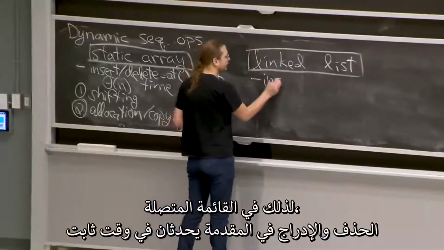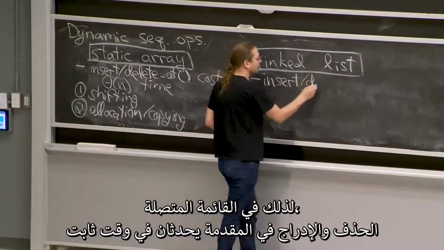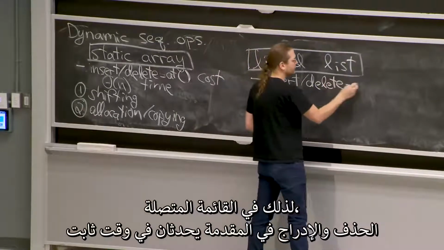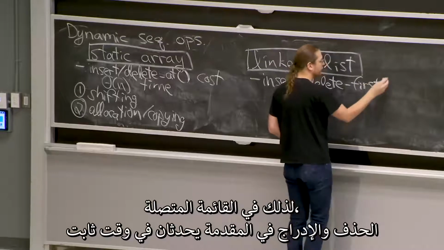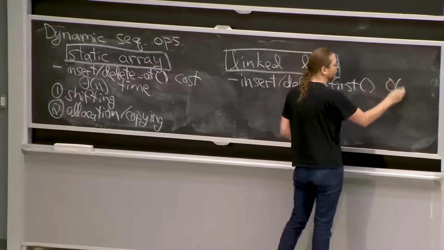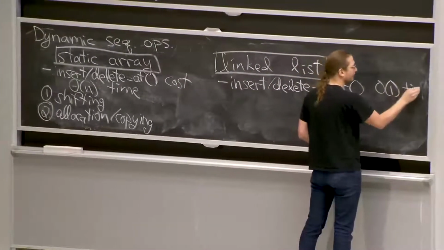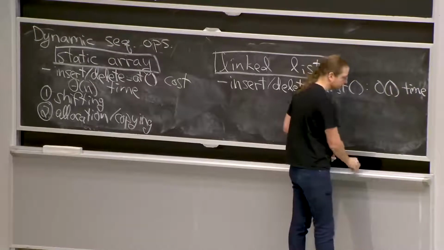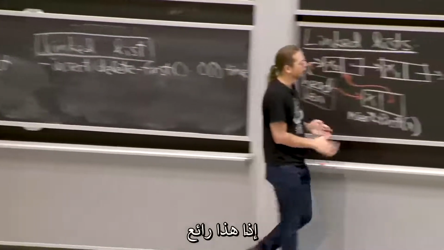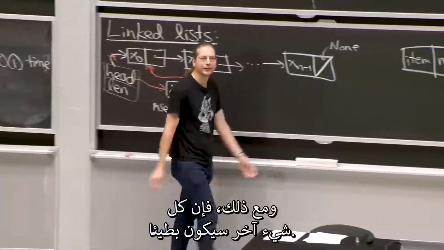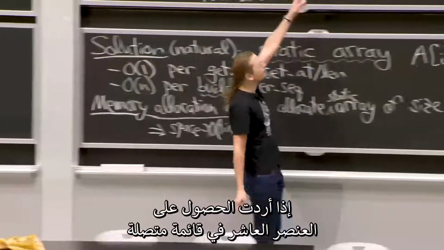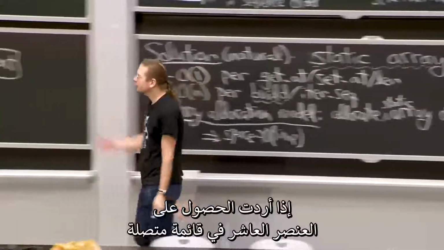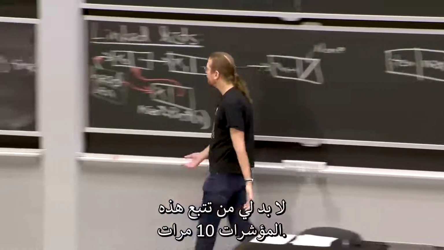We won't get much more than that. But in a linked list, insert and delete first are constant time. So that's cool. However, everything else is going to be slow. If I want to get the 10th item in a linked list, I have to follow these pointers 10 times.